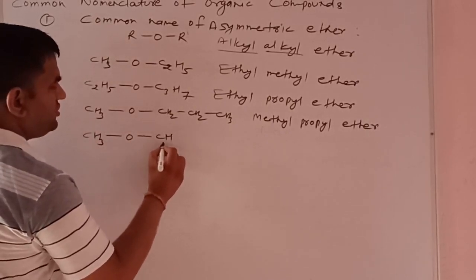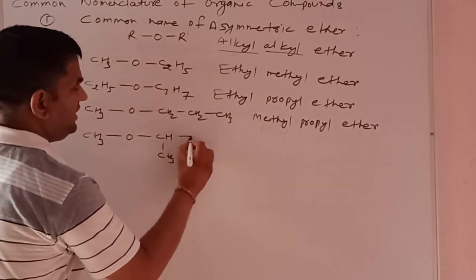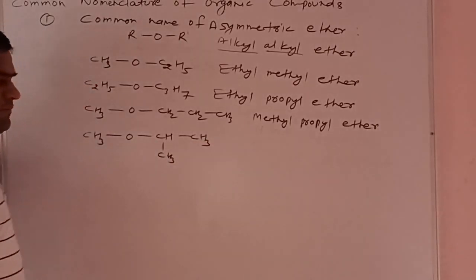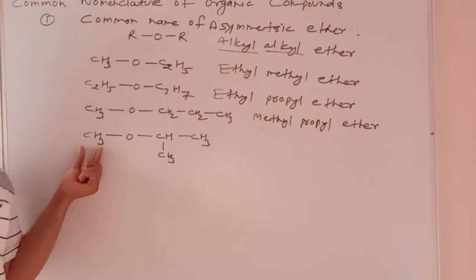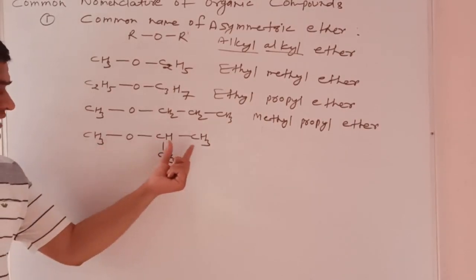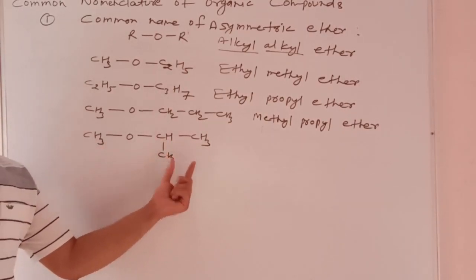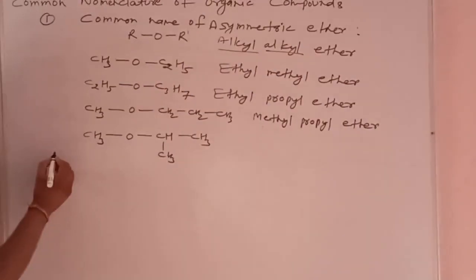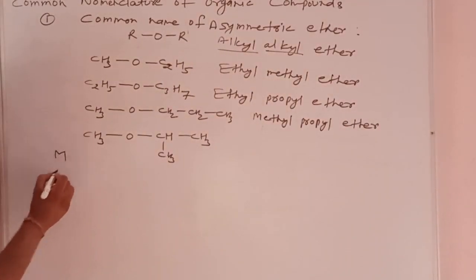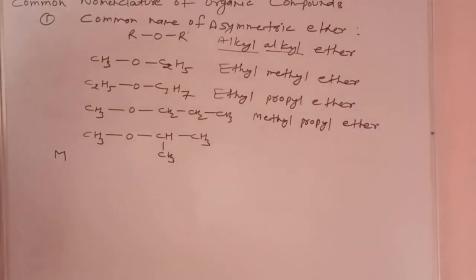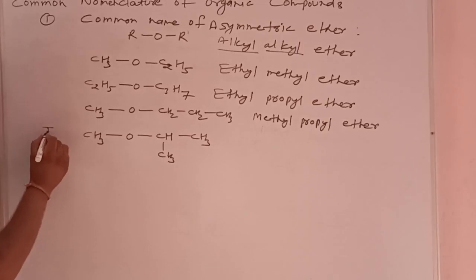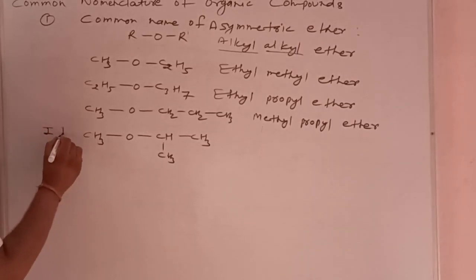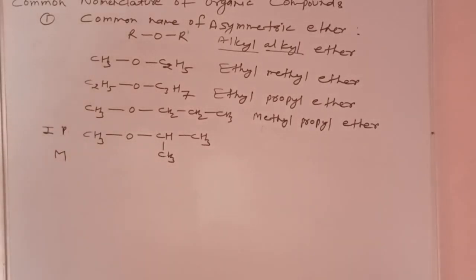Next example is CH3OCH(CH3)CH3. In this ether, the first group is methyl and the second group is isopropyl. The spelling of methyl starts with M and this is isopropyl, so for iso, I, for propyl, P. Isopropyl.